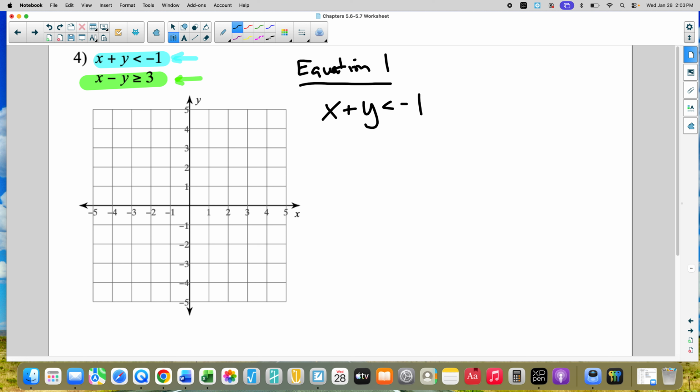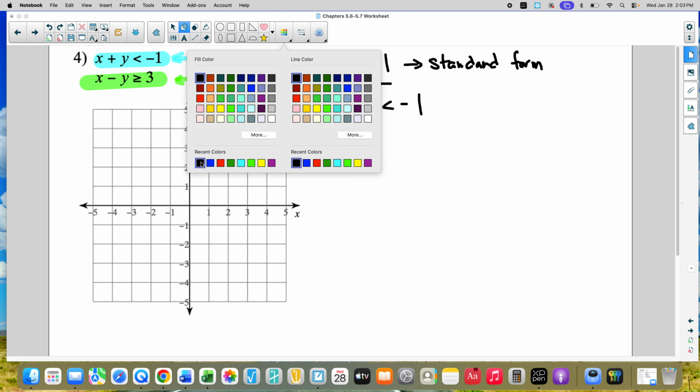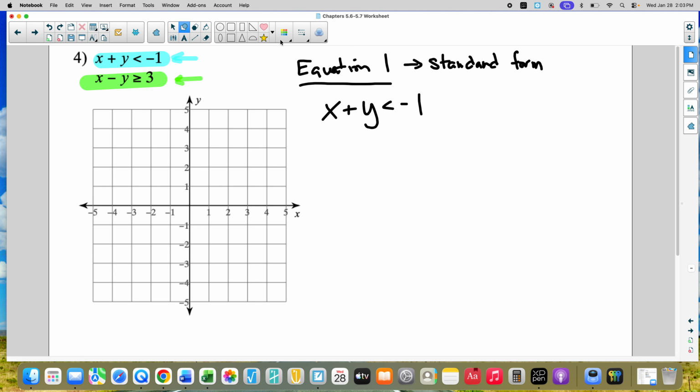We know that it's in standard form. So we will use the cover-up method. We will cover up the y value and we will see what it provides us, what it says our intercept is. So if I cover up the y value, I'm left with x and -1. X is isolated, so I know my x-intercept equals -1.